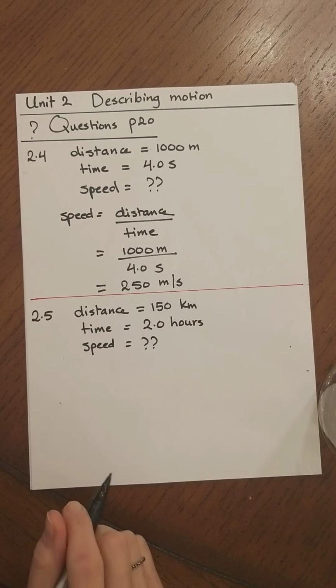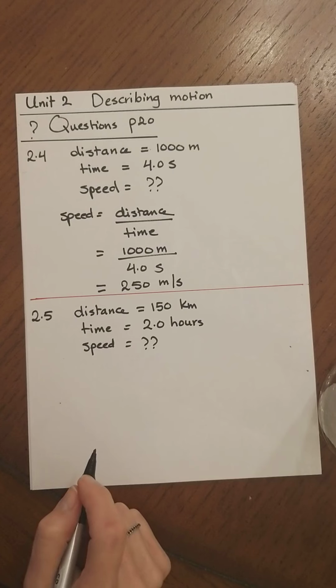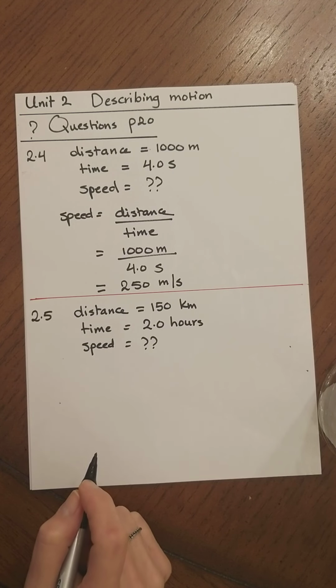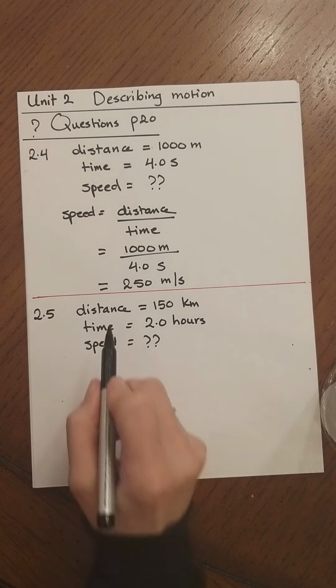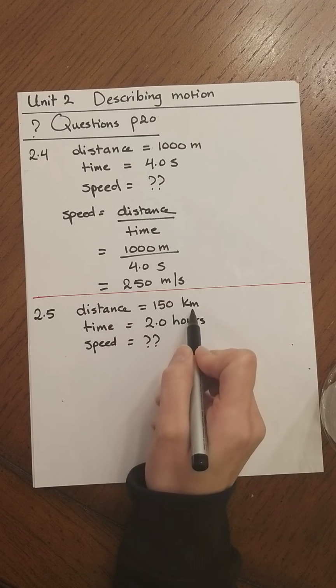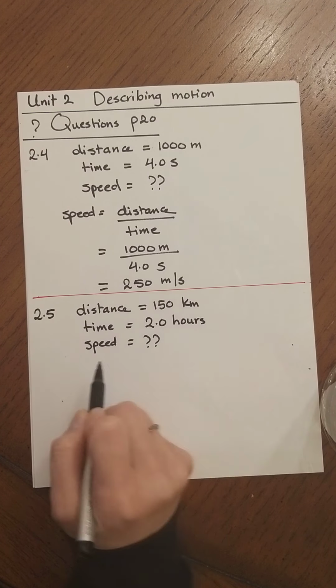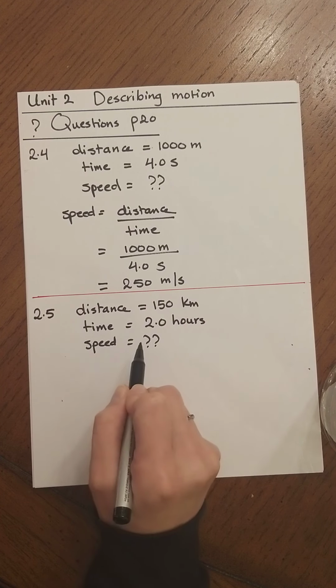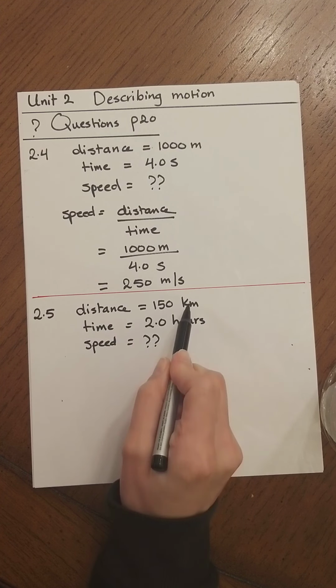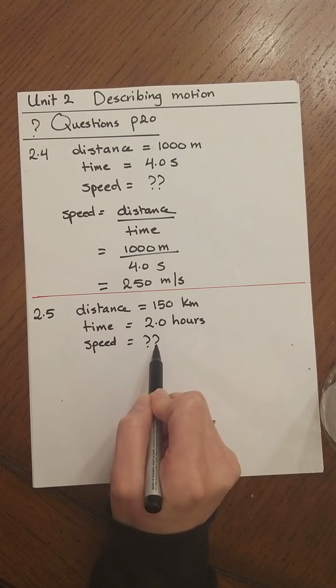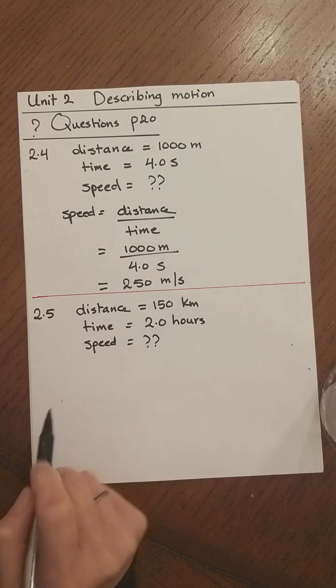Question 5. A car travels 150 kilometers in 2 hours. What's its speed? Show the correct units. So the distance is 150 kilometers, time 2 hours. Speed would be calculated using the units kilometers and hours, and the final answer would be kilometers per hour.